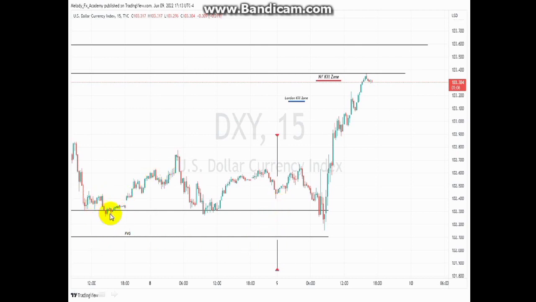Price bounced off the top of the fair value gap, came back and bounced off twice. So obviously this looked like a retail support level. And we had a huge run below the equal lows.